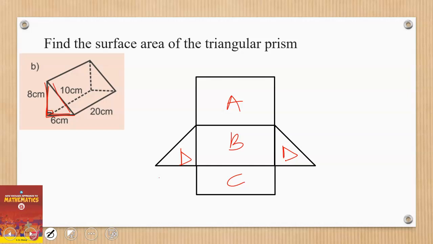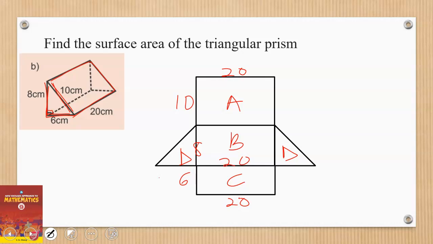By the dimension, you can see that area A will have a dimension of 20 by 10. That is area A, the bigger part. Then area B will have a dimension of 8 by 20. Then area C also will have a dimension of 6 by 20. Okay, so this is how it is going to look.